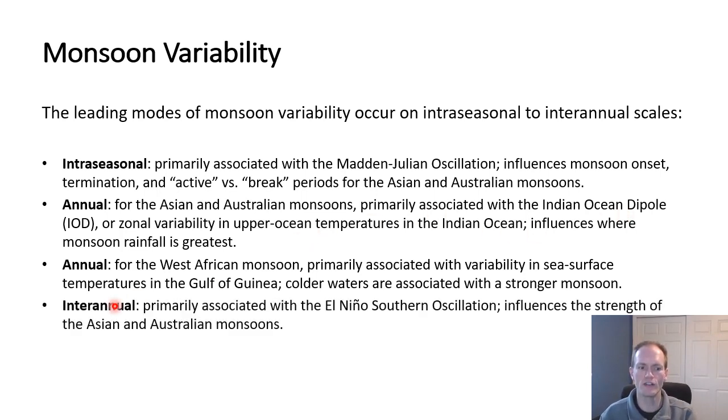And finally, on interannual timescales, the leading mode of variability is ENSO, and this primarily influences the strength of the Asian and the Australian monsoons. When you have El Nino and you shift the center of the Walker circulation eastward, this way, yes, getting the camera correct for you guys.